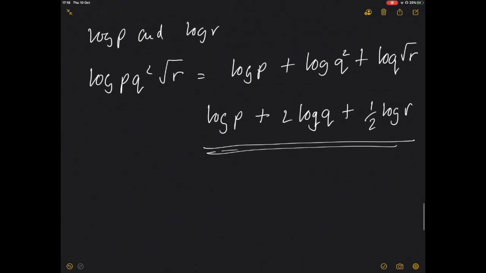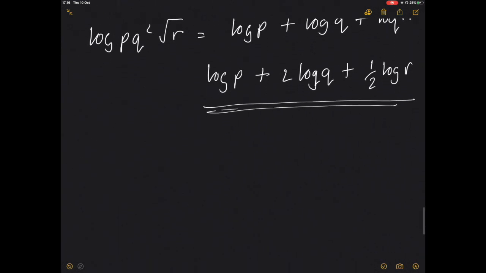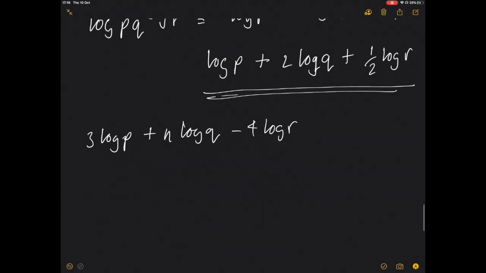Likewise, if we have something like simplify the expression the opposite way, which would be 3 log P plus n log Q minus 4 log R, we can do the exact opposite of what we've just done.